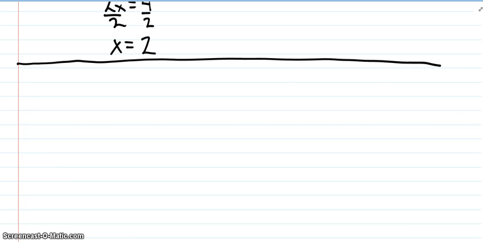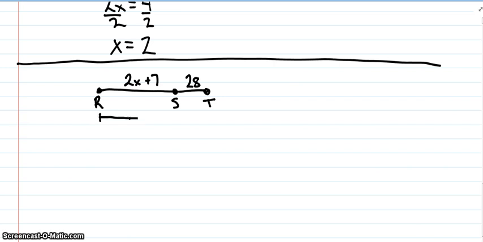Okay. So if they give you a segment that looks like this, and it's labeled R, S, T. And they tell you that R to S is 2x plus 7, and S to T is 28, and the whole thing is 4x.